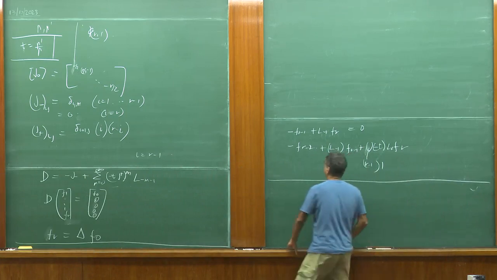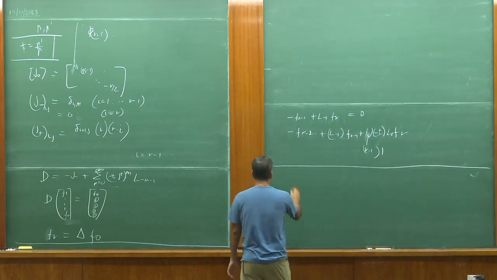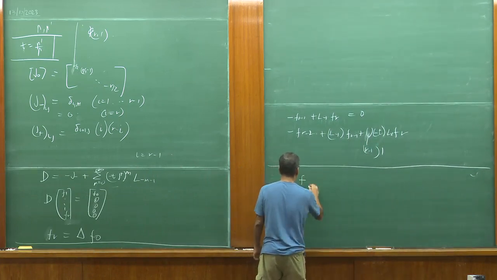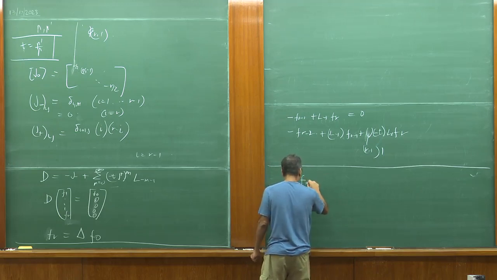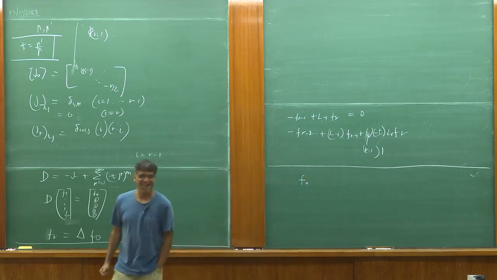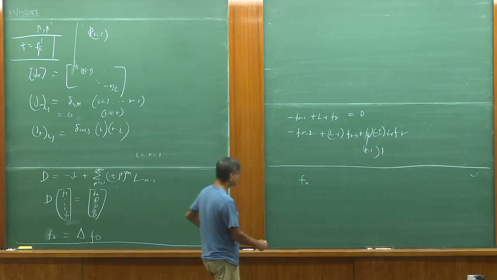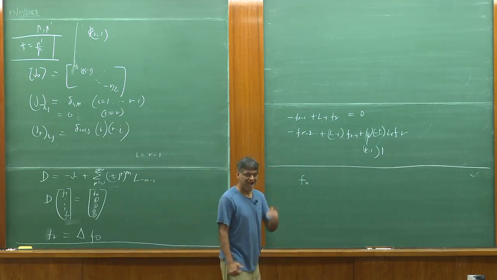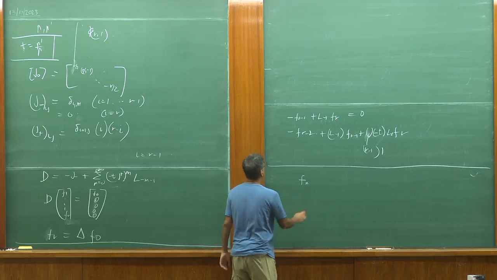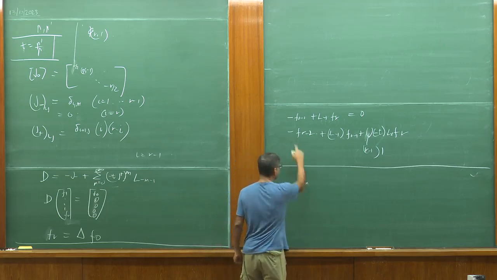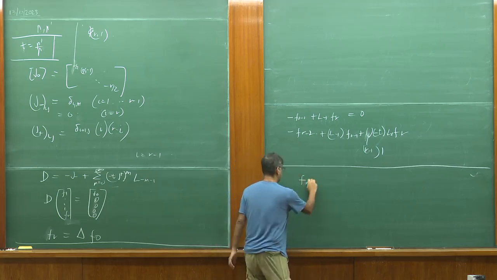Okay, so you see that in general, let's try to see if we can work out the formula for f of m. Let's look at the mth row. Okay, so first we will get, of course, minus of f of m minus 1.